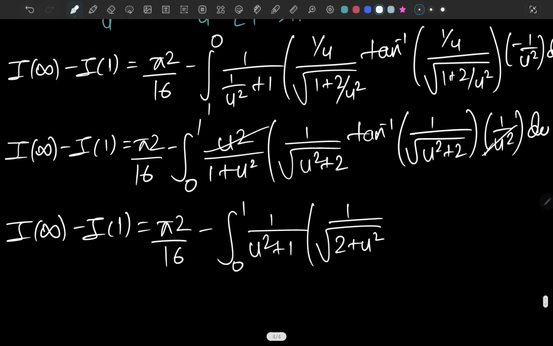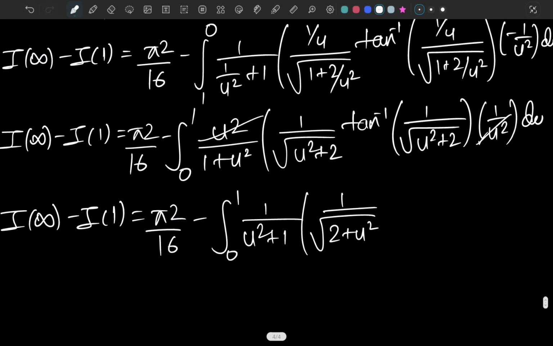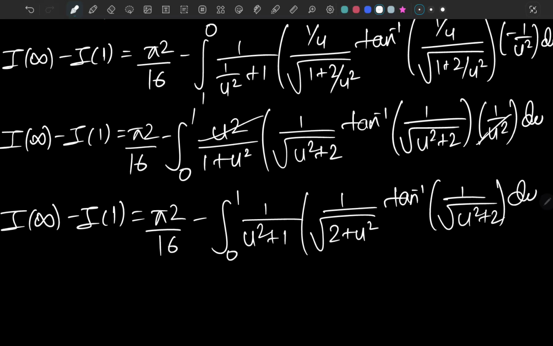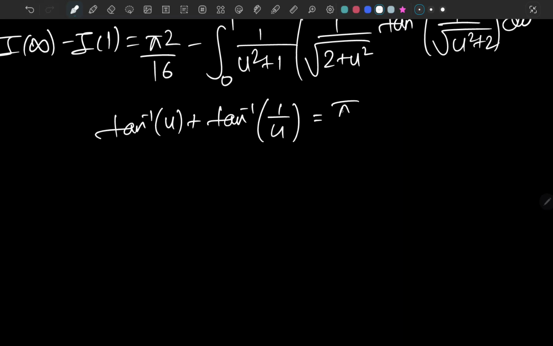Oh wait a second, yeah, so this comes out to be arctangent of 1 over the square root of u squared plus 2, du. And now I would like to tell you something here. We know that arctangent of u plus arctangent of 1 over u is pi over 2.